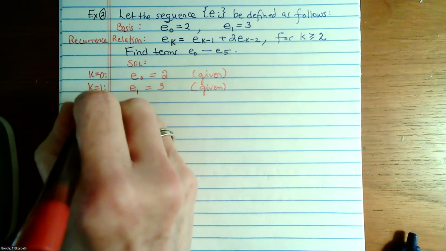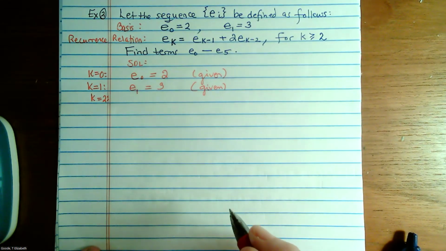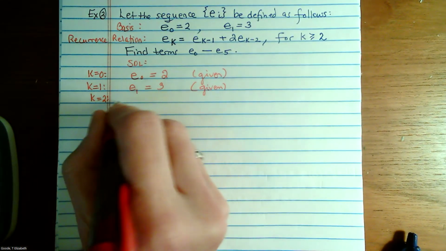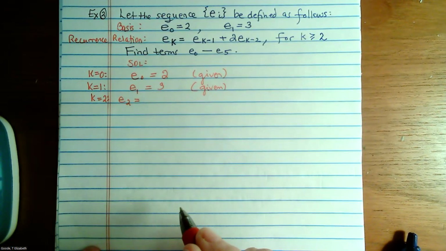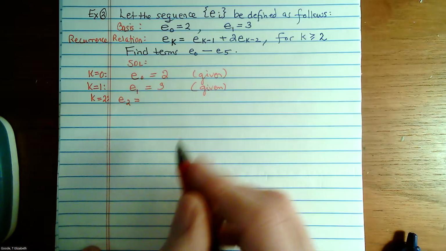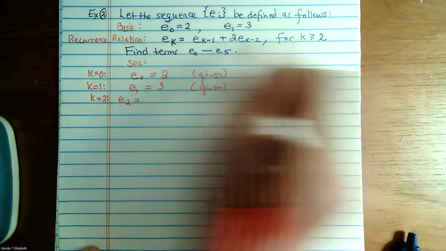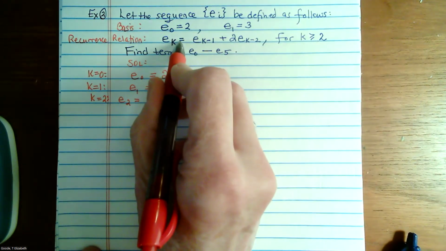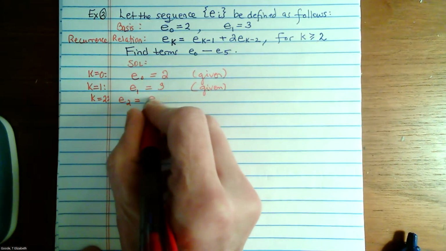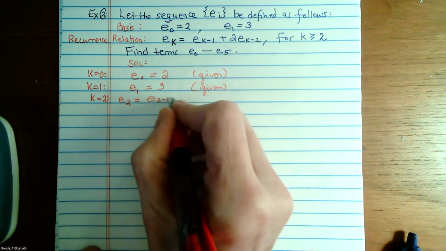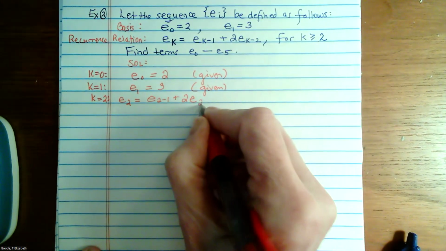Okay, I'll take that for a yes. So can you find E2, folks? 7. Okay, let's check that. So it's when k is 2, we start using the recurrence relation, and it says E sub 2, when k is 2, is equal to E sub 2 minus 1 plus 2 times E sub 2 minus 2.